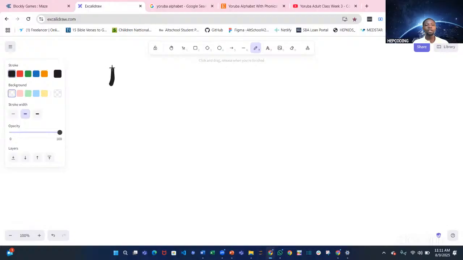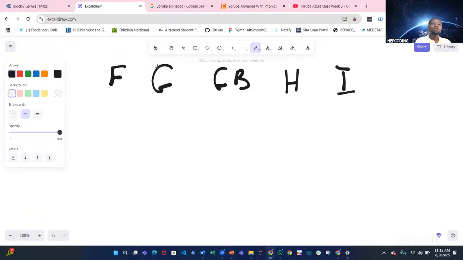We are trying to learn some alphabet. We have done A, B, D, A, E. We want to do F, G, B, E. So what are the examples of these words now?